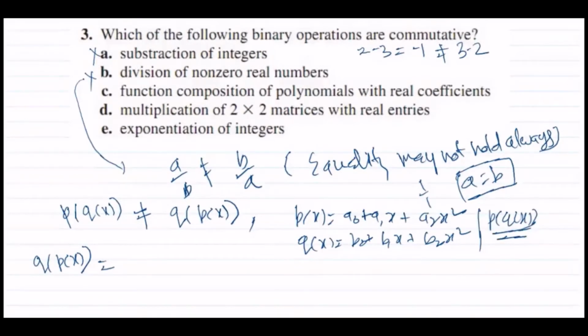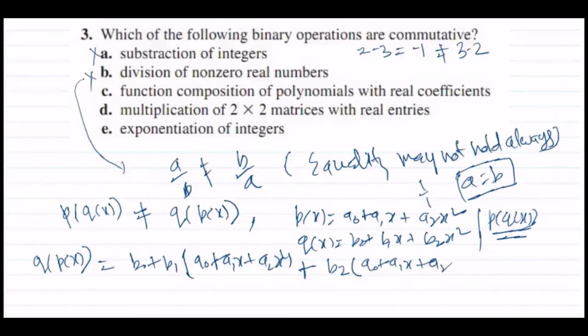So when we put this, b0 plus b1 at place of x, a0 + a1x + a2x², plus here we can write b2(a0 + a1x + a2x²).